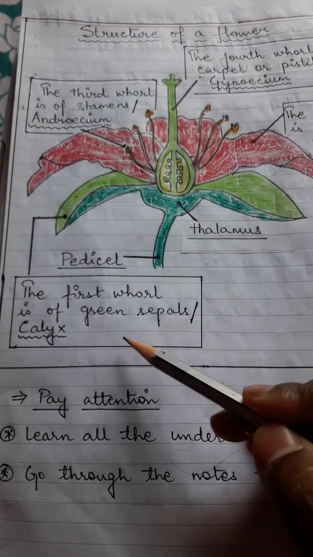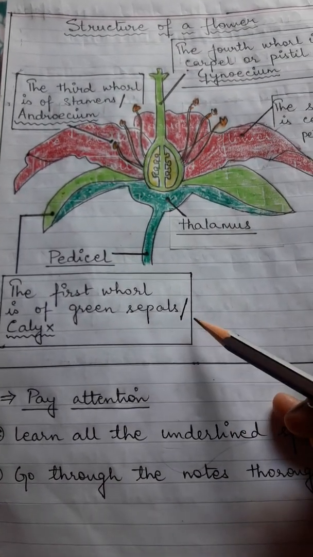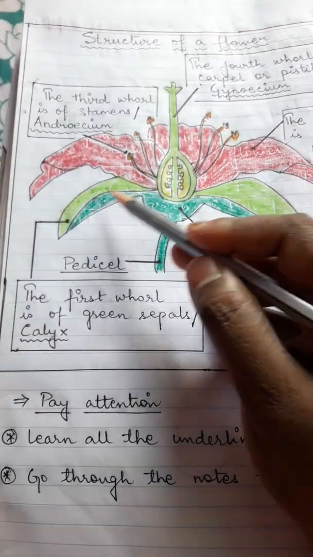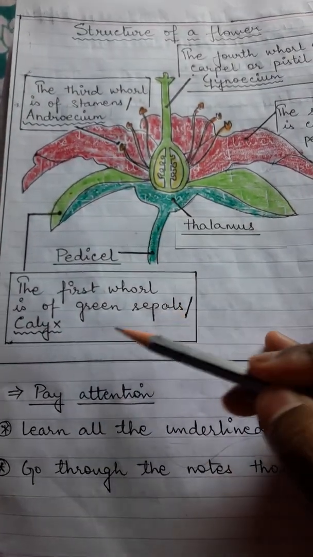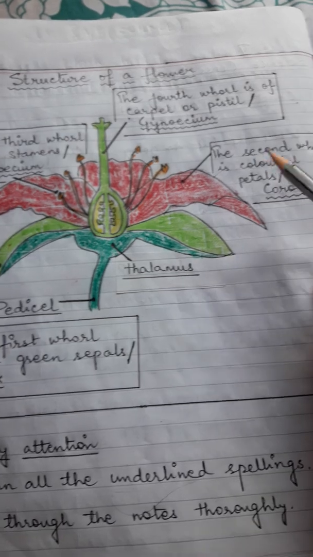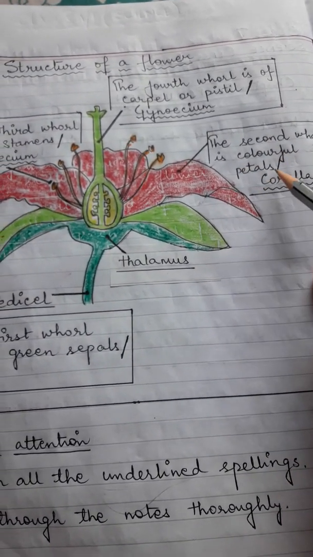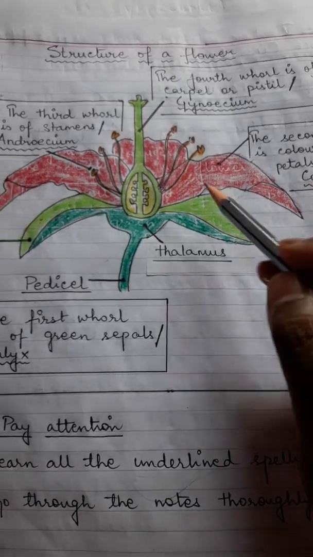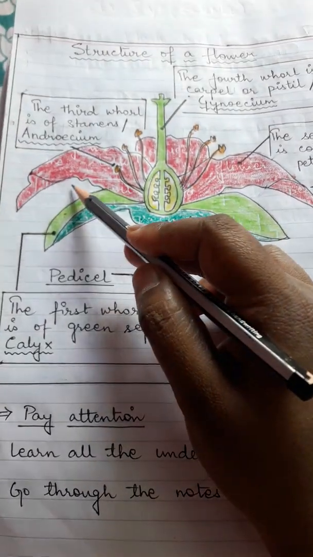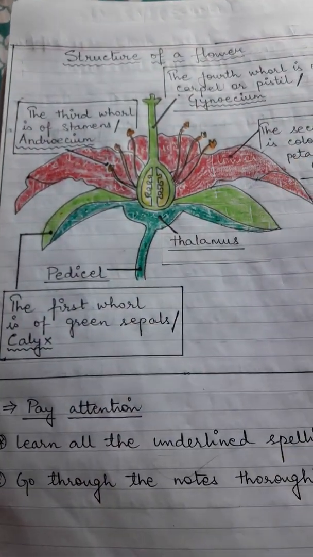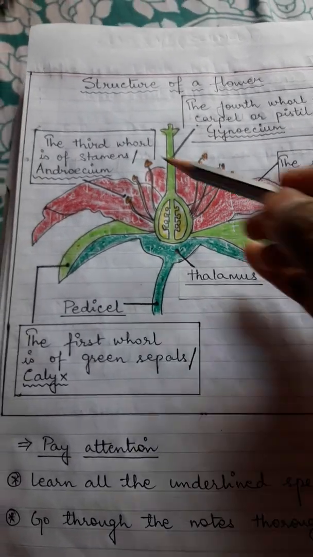The first wall is of green sepals, called calyx. Can you see these green sepals? These are called calyx. The second wall of a flower is colorful petals, known as corolla. Can you see the colorful petals of the flower? You can see them in any flower.